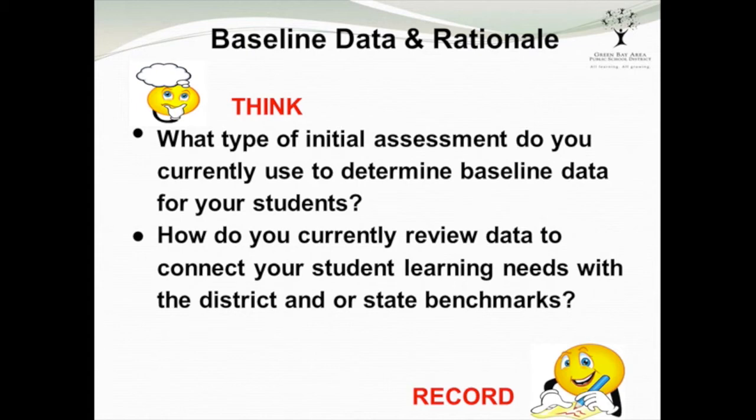Is it done at a building level, such as with the building leadership team, or by grade level or department? Please take a minute to record the type of assessments you currently use as an initial assessment and how the data is reviewed and analyzed under the component of Baseline Data and Rationale.